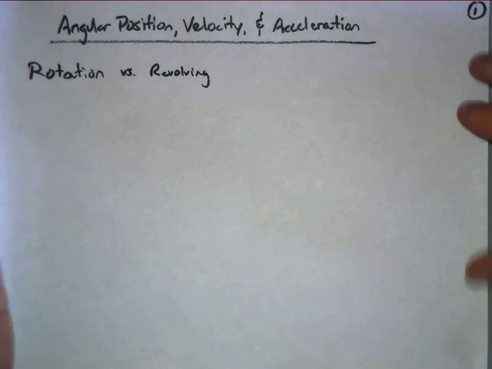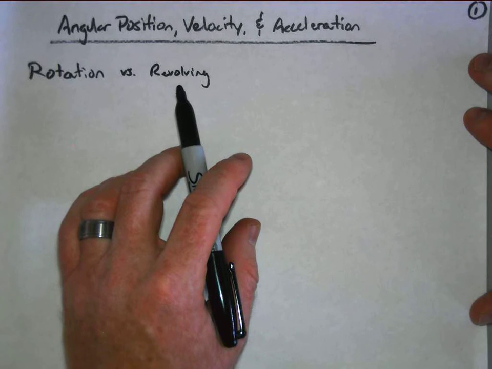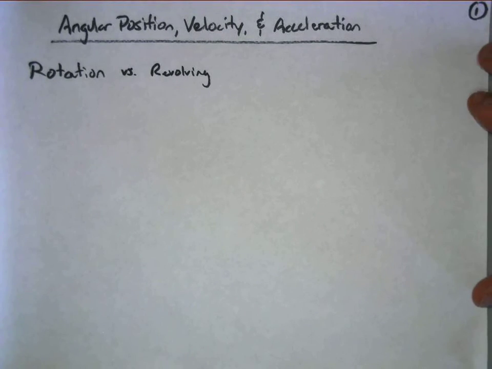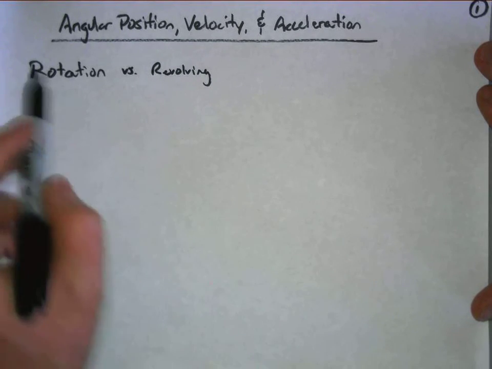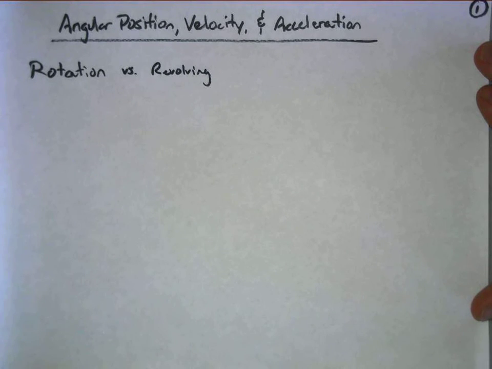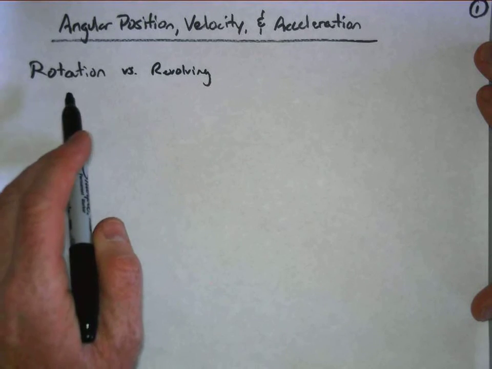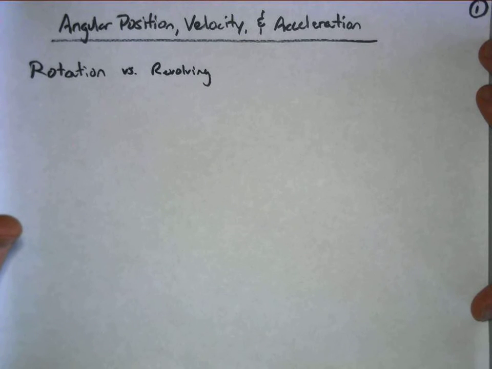And when something is revolving, it's basically moving in a circular pathway, or nearly circular, as the orbits of the planets might be. But here now we're discussing rotation, something rotating, and we're going to be looking at how its position is changing as it rotates.